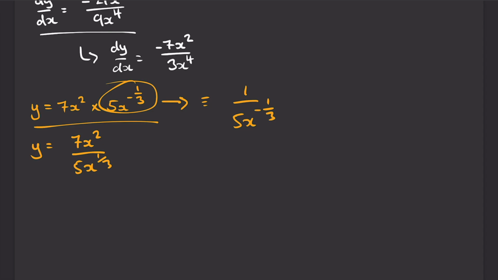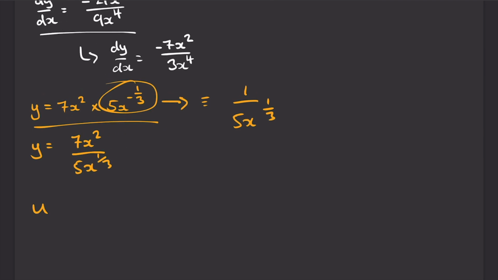So if we take the entire function, it becomes 7x squared multiplied by 1 over 5x to the power of negative a third. Sorry, that's supposed to be just a third. And then that just becomes that, in simplified terms. Hopefully that makes sense, and we'll just carry on using the quotient rule.